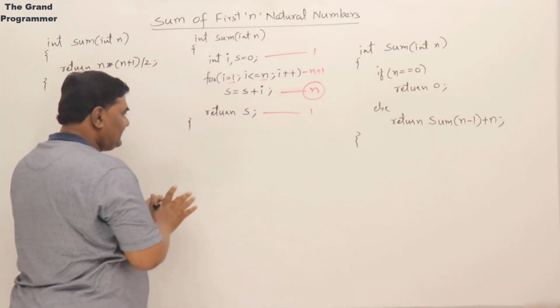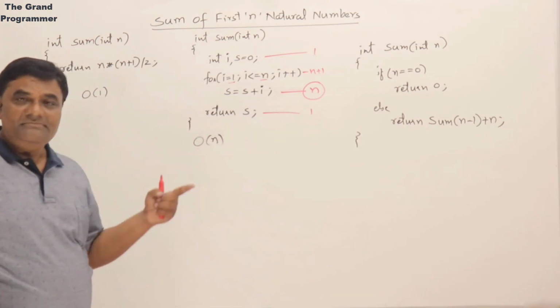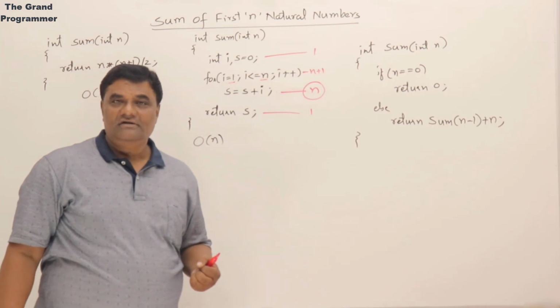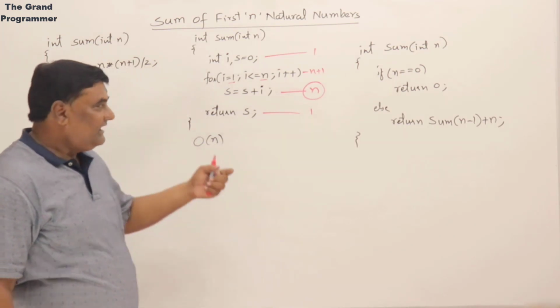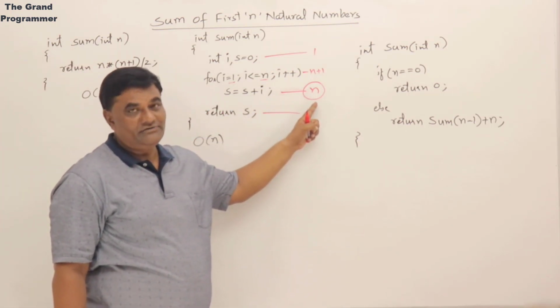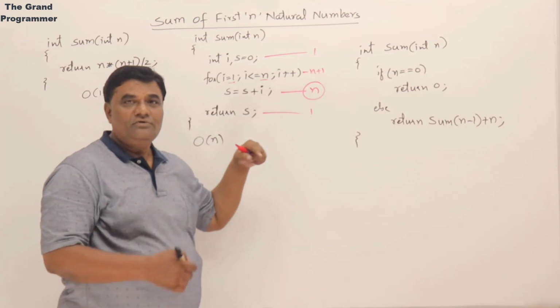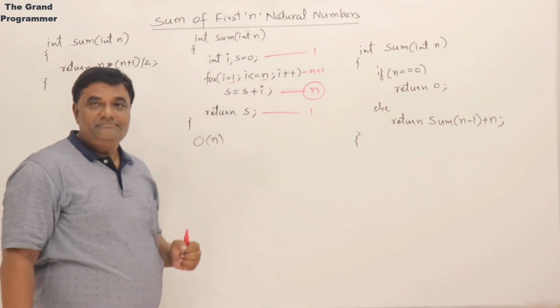So I should say that the time taken by this algorithm is order of n. I have found the frequency of execution of each statement, and the main statement is the one where the addition is done, and that's going to execute n times. So our focus is on that statement, order of n time.